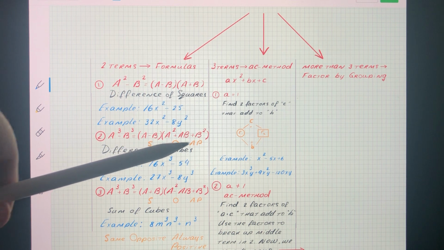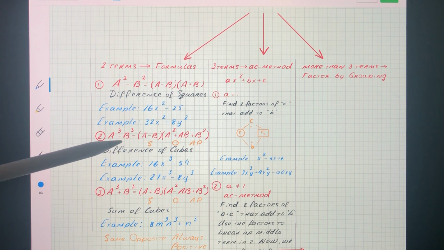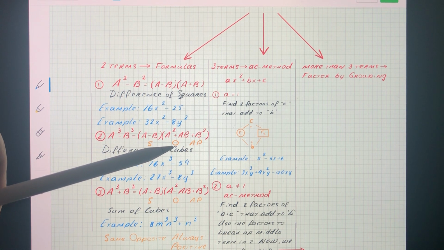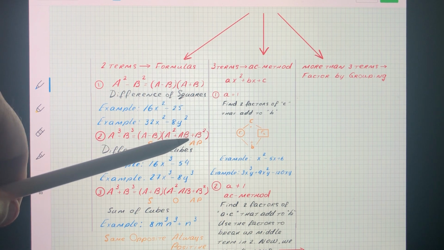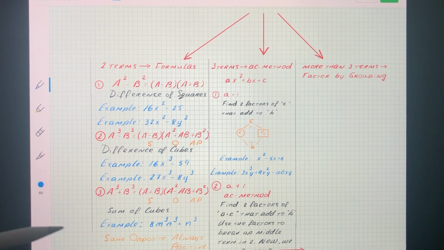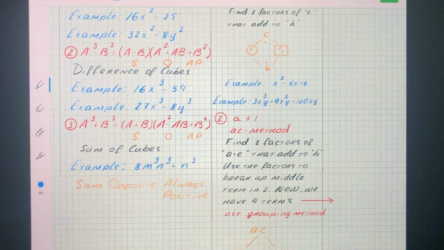SOAP, that's a hint to remember how the signs go. The S stands for the same, so it's the same sign as the original question. The O stands for the opposite of the original. And the last is always positive. So here down below is the SOAP written out again.